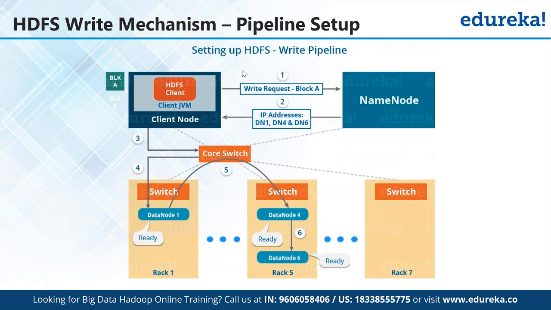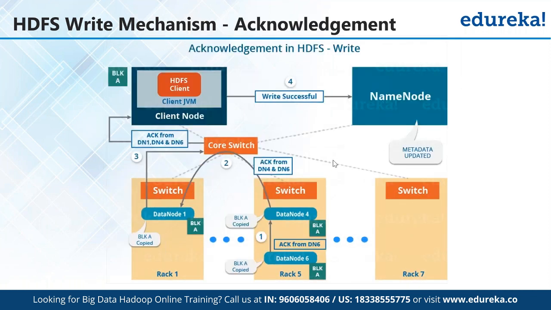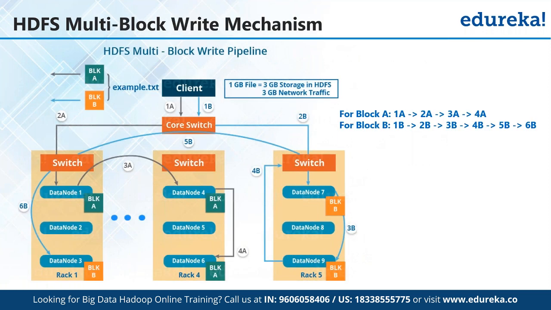This is the networking topology part. The core switch has complete information about all the switches configured, and based on the request made, it switches the traffic to the specific switch. So you have parallel writes, and then internally replication happens.